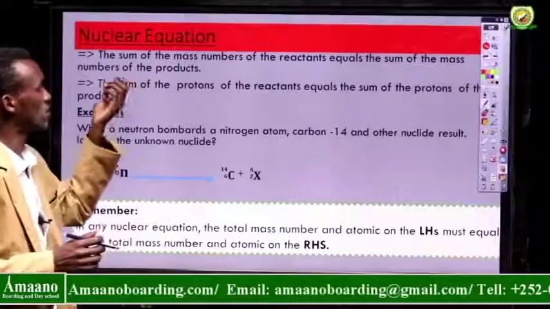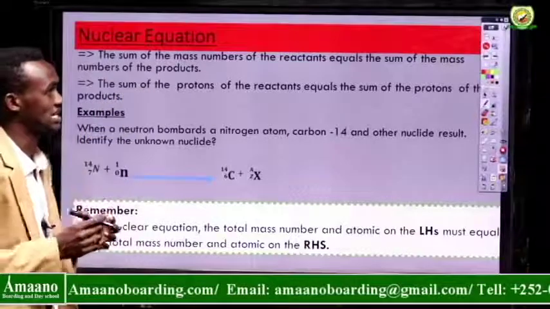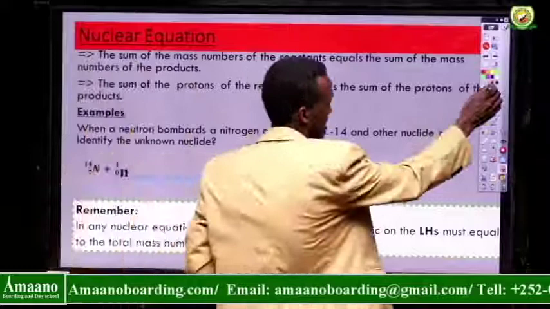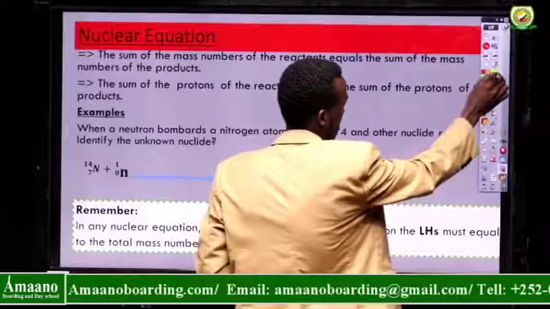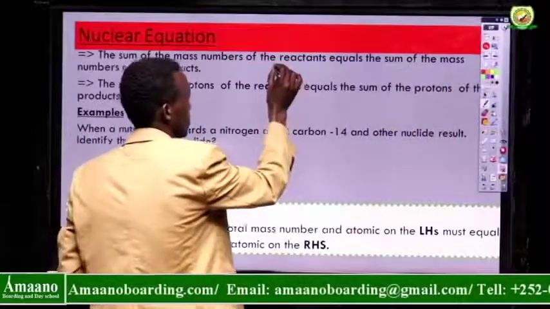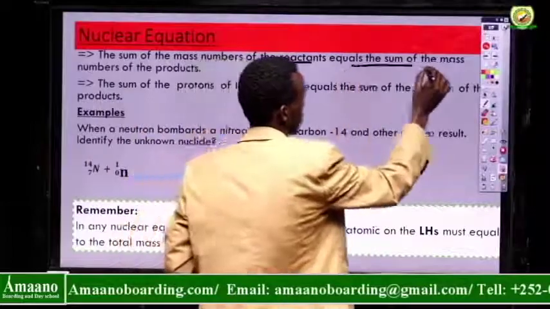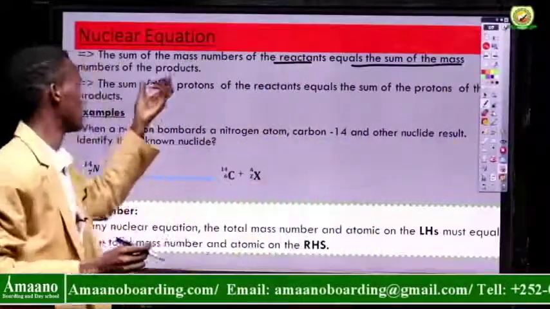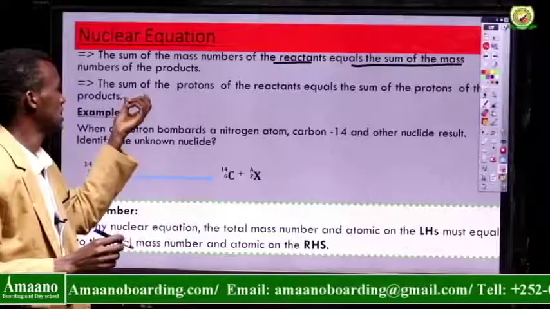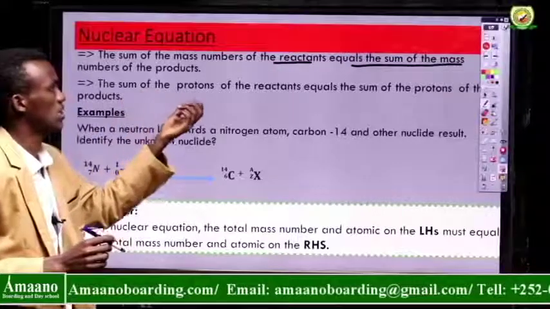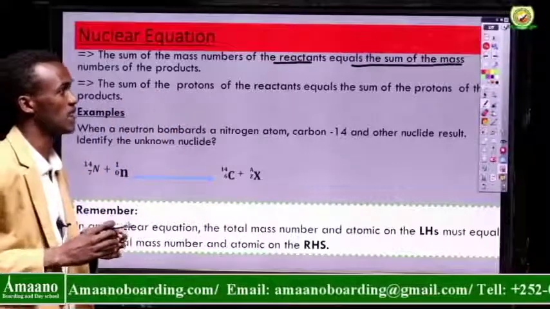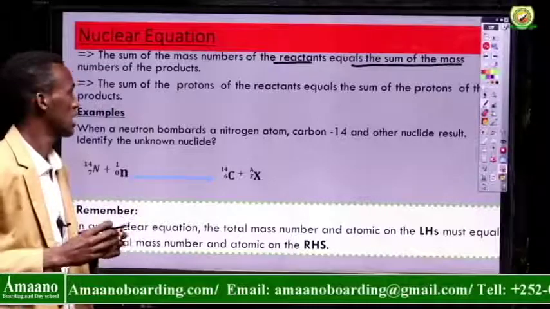The sum of the mass numbers of the reactants is equal to the sum of the mass numbers of the products, and the sum of the protons of the reactants is equal to the sum of the protons of the products.